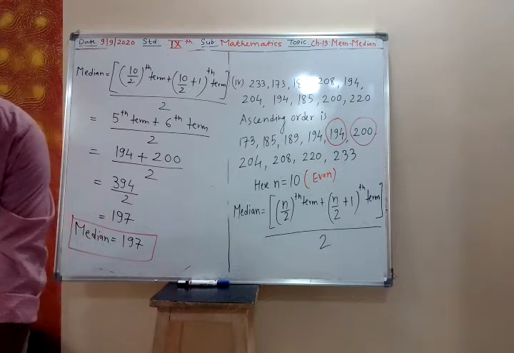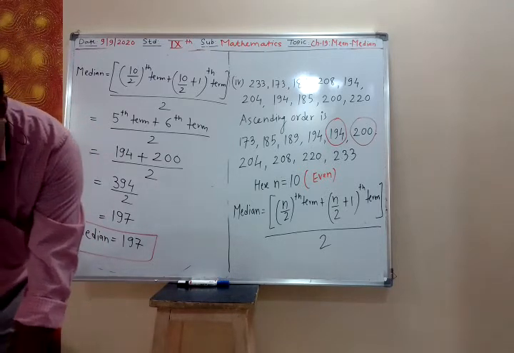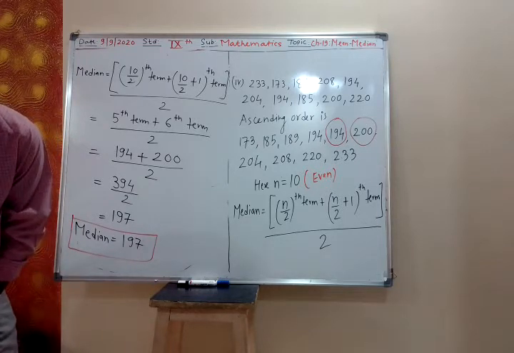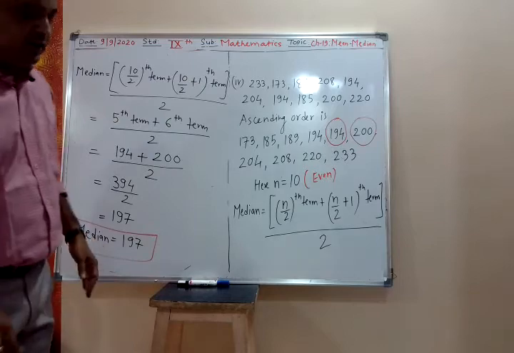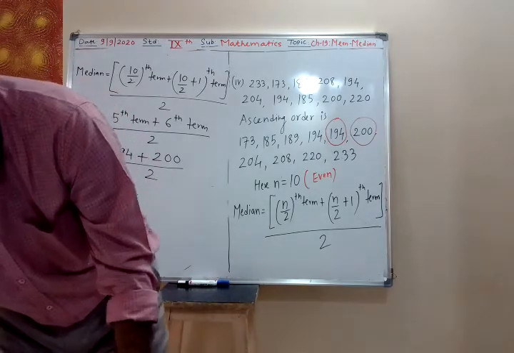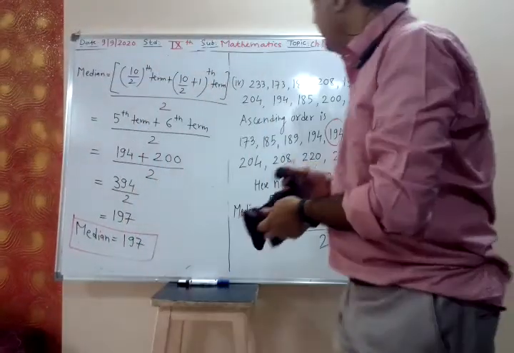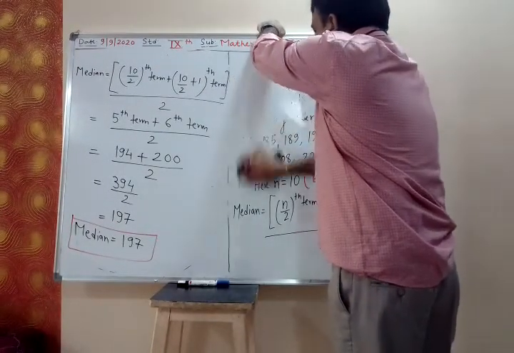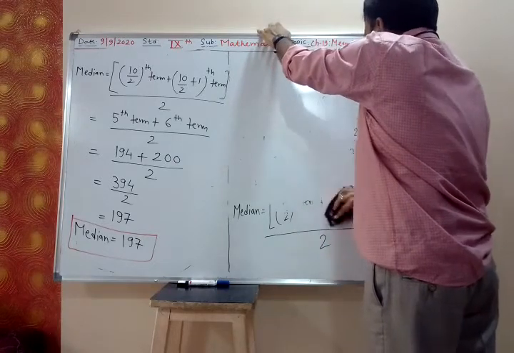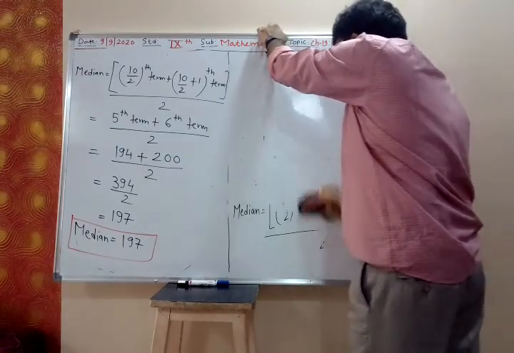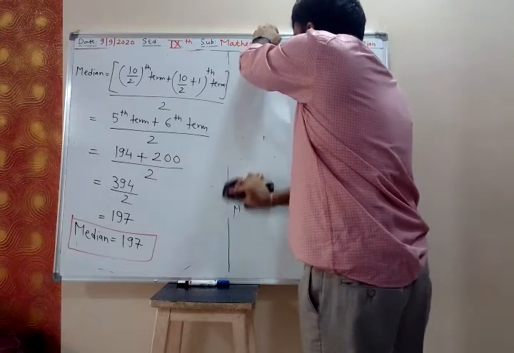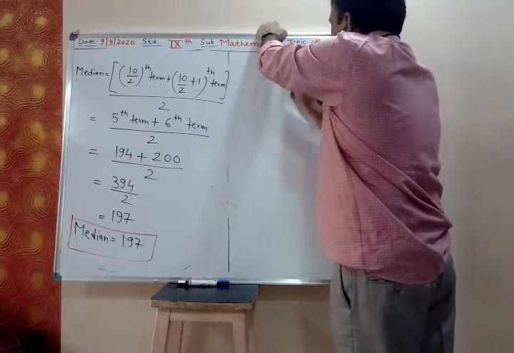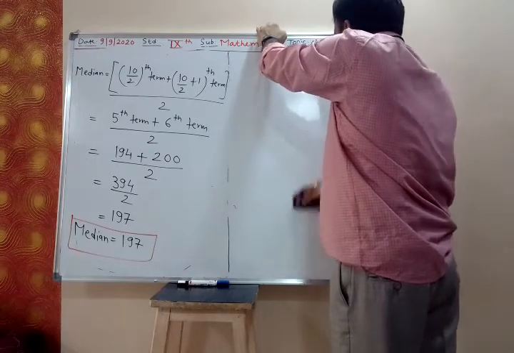Now let us do the second one. The following data have been arranged in the ascending order, if their median is 63. So already the data is arranged in the ascending order. Mark this first problem as important. You will be just given the discrete values and they can ask you to find the mean, median.